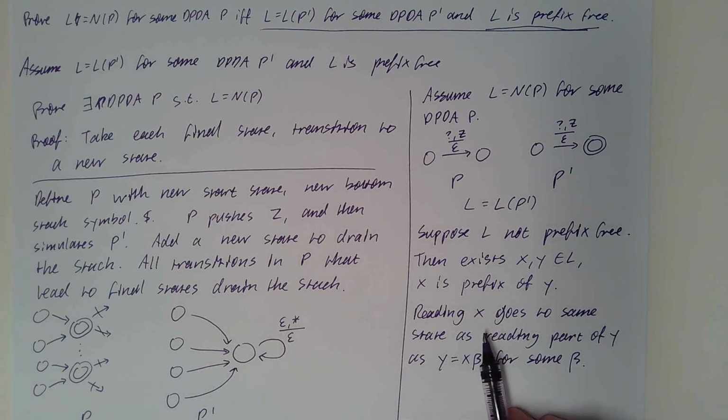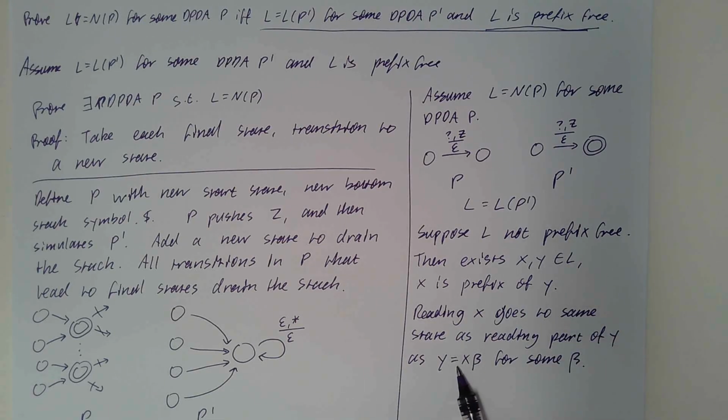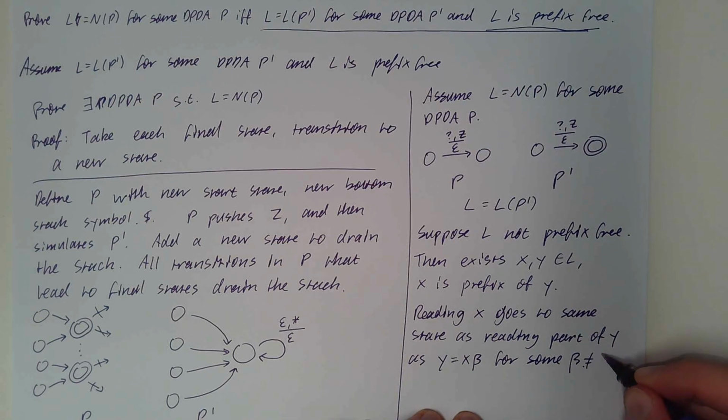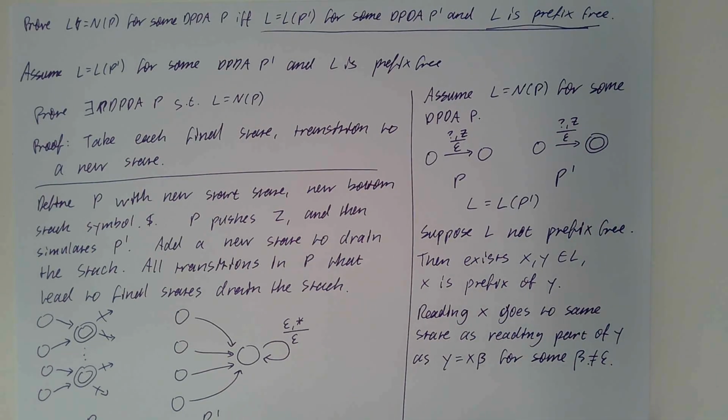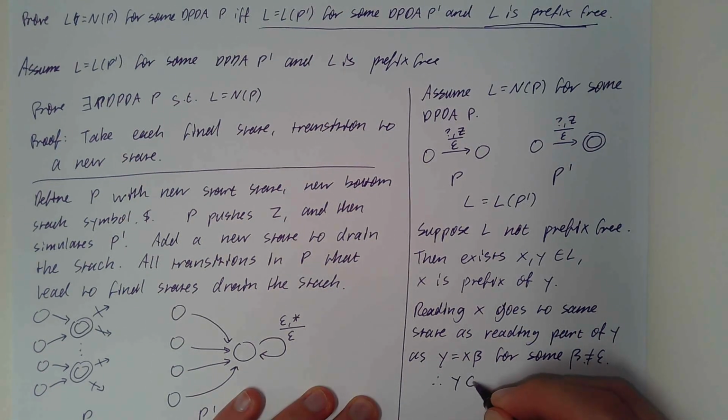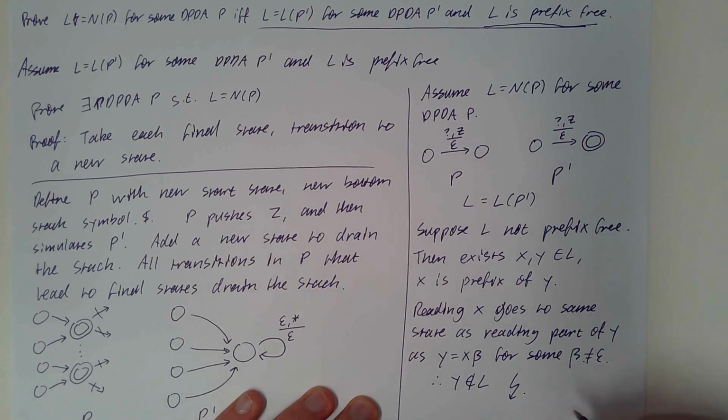Now that's a problem because if we tried to read y, which is indeed in the language, we read the part of y that's equal to x, we empty the stack, and then we can't make any more transitions. So that means we terminate immediately, but the input isn't fully read as y equals x beta for some non-empty string beta. This means that y is not accepted under the definition of empty stack acceptance, and therefore y is not in the language, which is a contradiction.